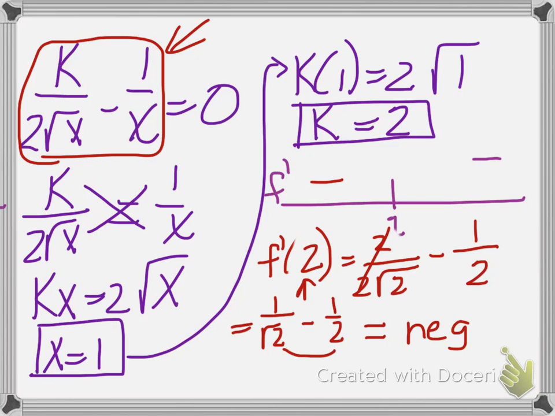So going back, let me take this out. Okay, so 1 over radical 2 is something like 0.7 minus 1/2, which is like a 0.5, so that actually is positive. Okay, so as you can see, there's a sign change there, and so if there's a sign change, there's definitely a max or a min.